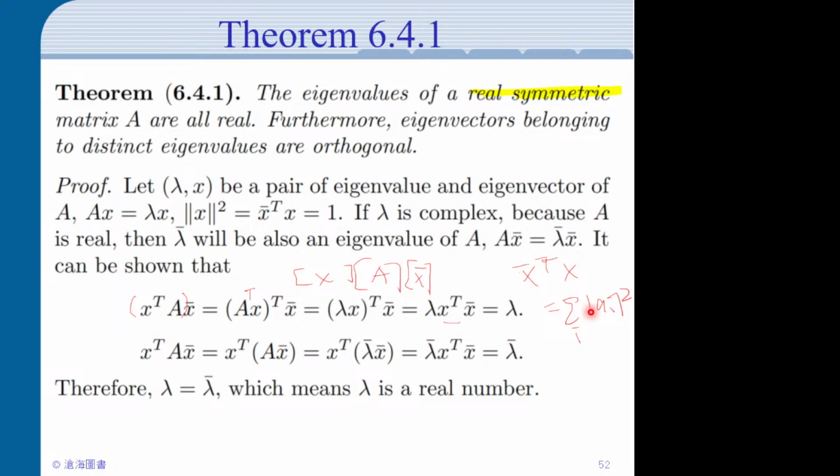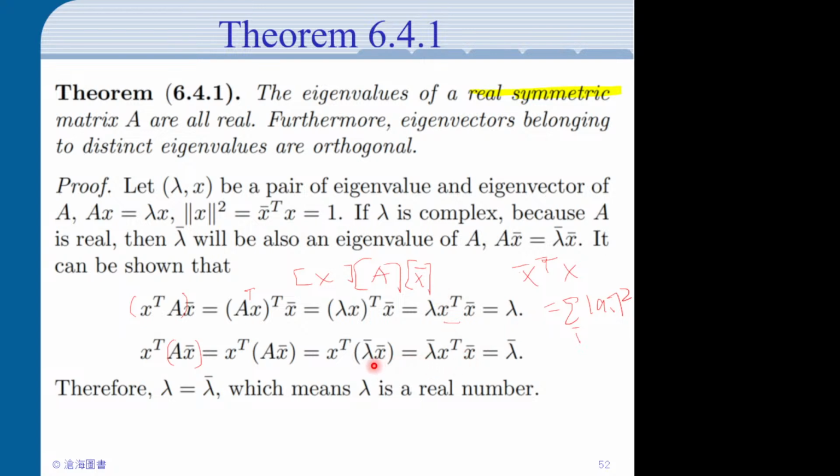Okay, and anyway, let's go back here. So we proved that x transpose x bar equals lambda, and then we can just put parentheses on a different part of this equation. Now instead, we see x transpose, and then we have A x bar here, and as we said, x bar is also an eigenvector of A with eigenvalue lambda bar.